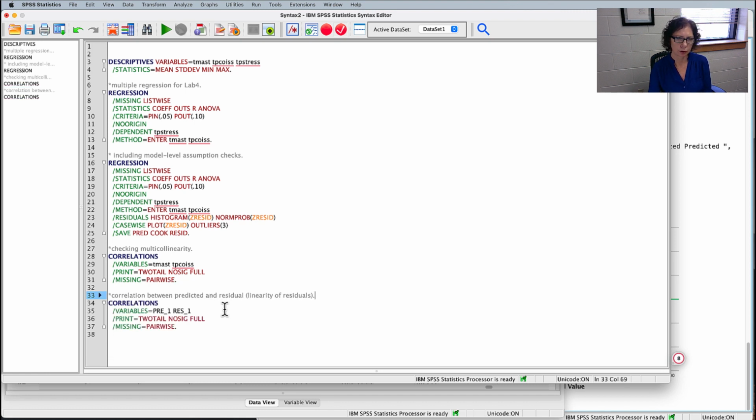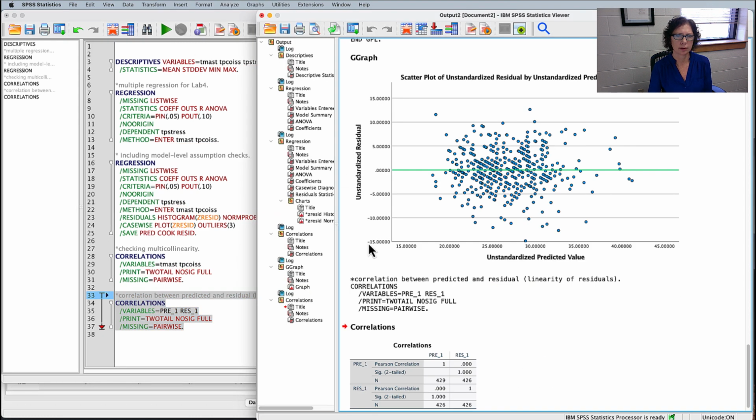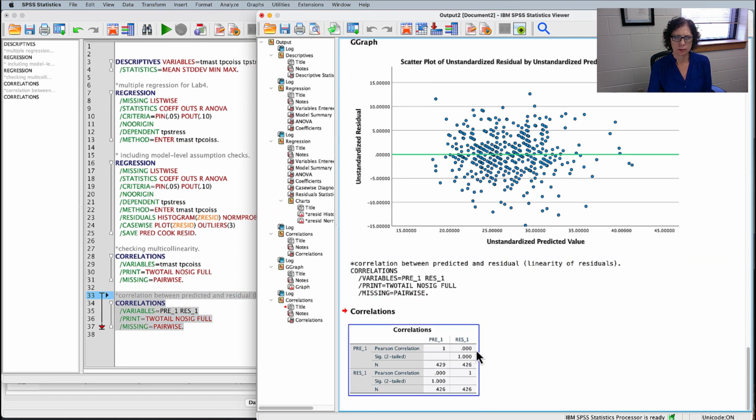Give myself a little note so I know what it is later, and run that. So the correlation between the two is 0. That's pretty solid, no relationship there. That's good, because that's what we want in terms of seeing if linearity of the residuals was violated. Here we have a non-significant test, so that means we're good. There's no relationship between those two.